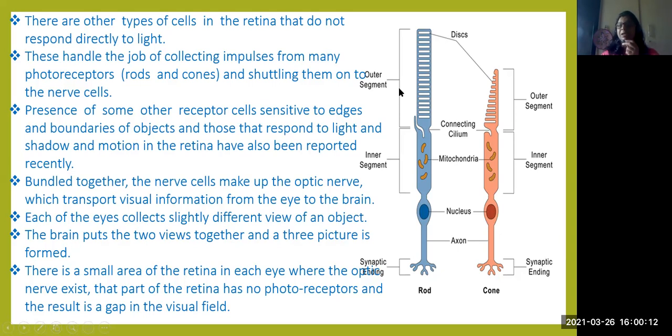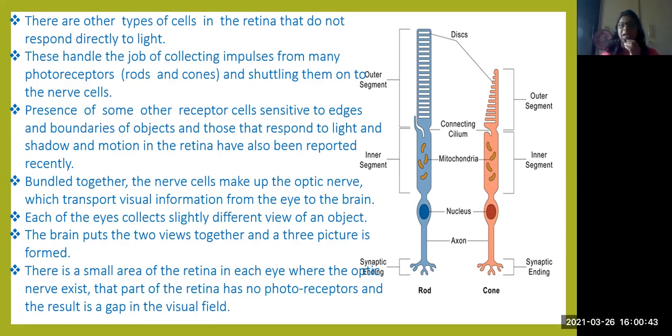So there are other types of cells also in the retina, which don't respond directly to light. That means unlike cones and rods, they won't show any direct activity to the light. But they also indirectly show their activity. What they do is collect all the impulses from the photoreceptors like rods and cones and shuttle them onto the nerve cells, so that the optic nerve collects the information and passes it on to the brain.